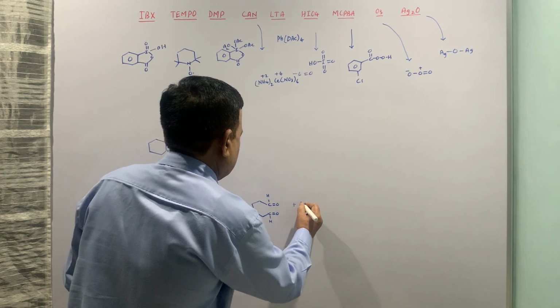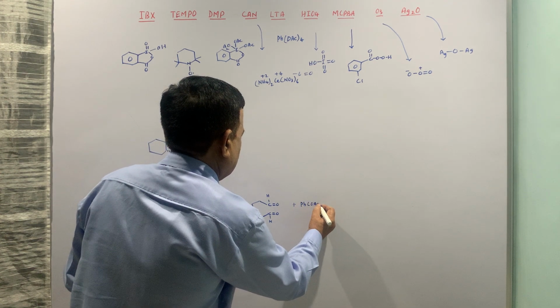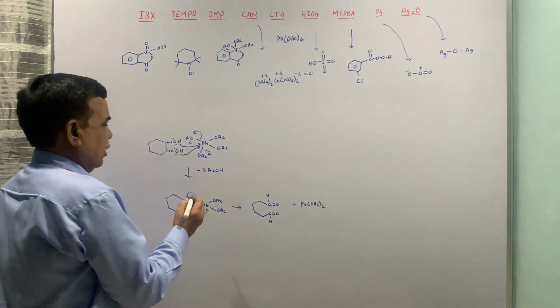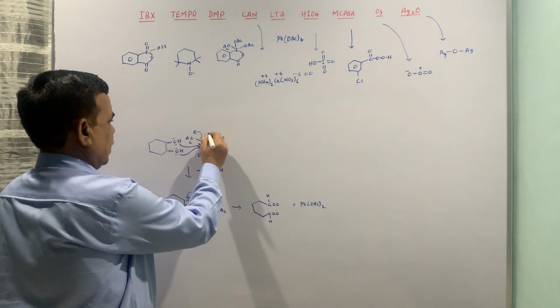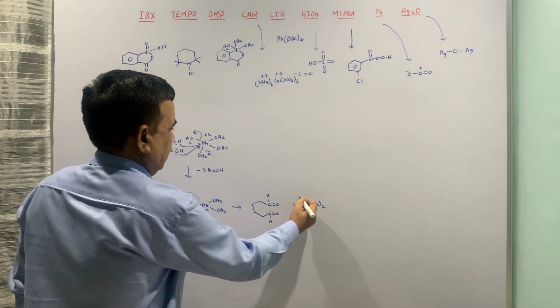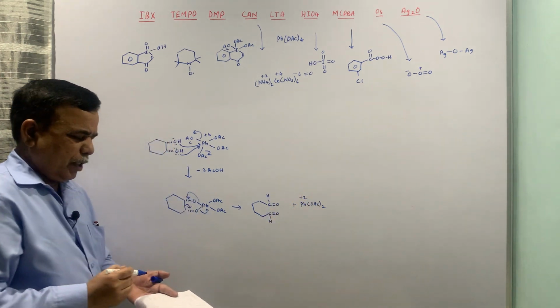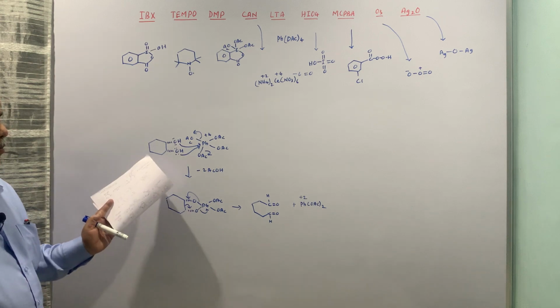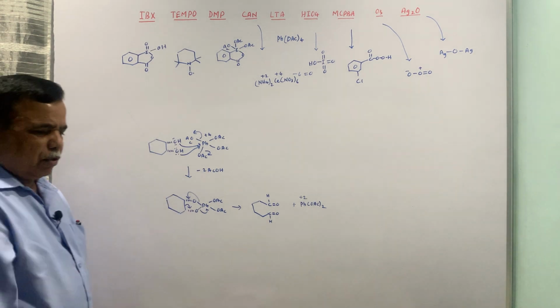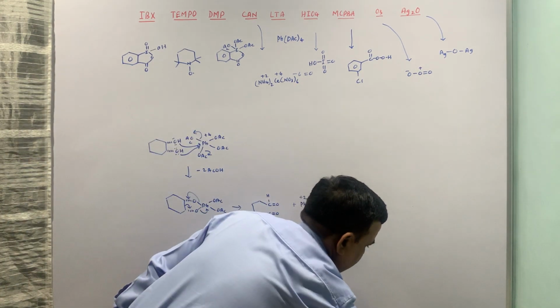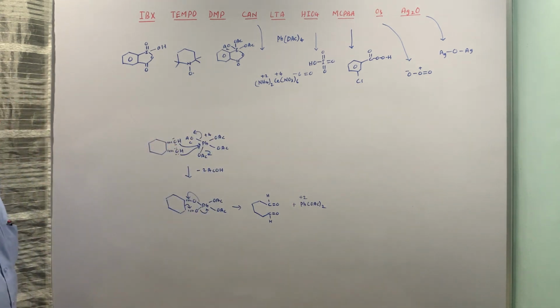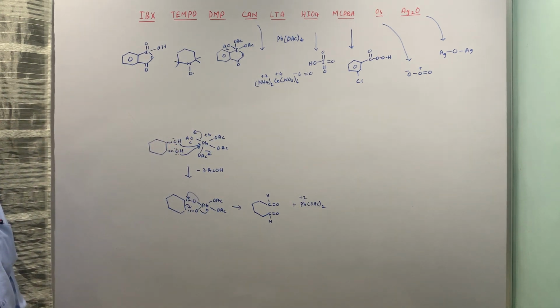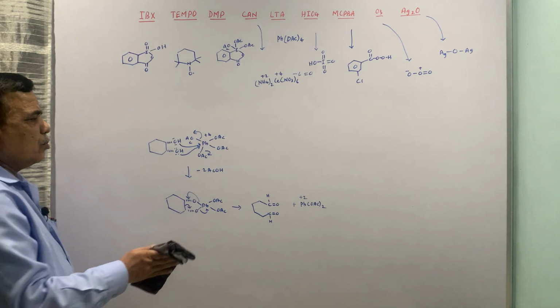The byproduct is lead diacetate. The oxidation number I will put here, plus 4, this is plus 2. So lead is undergoing reduction and the diol is undergoing oxidation. So that is how the redox reaction is balanced. The reagent is undergoing reduction, the substrate is undergoing oxidation and so on.